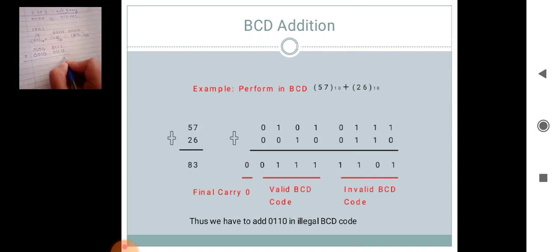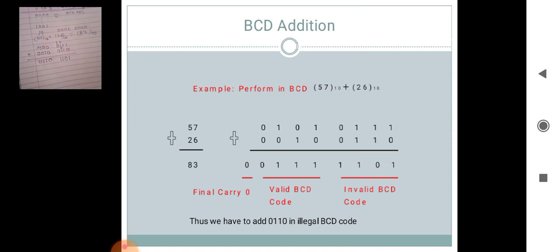1 plus 0 is 1, 1 plus 1 sum 0 carry 1, 1 plus 1 sum 0 carry 1, 0 plus 1 is 1, 1 plus 0 sum 1, 0 plus 0 is 0, 0 plus 1 is 1, 1 plus 0 is 1, 0 plus 0 is 0.